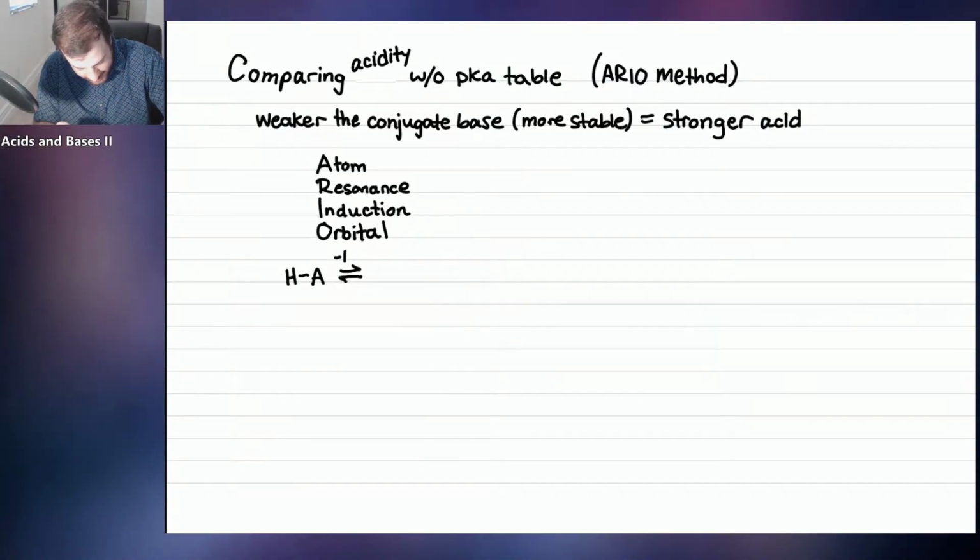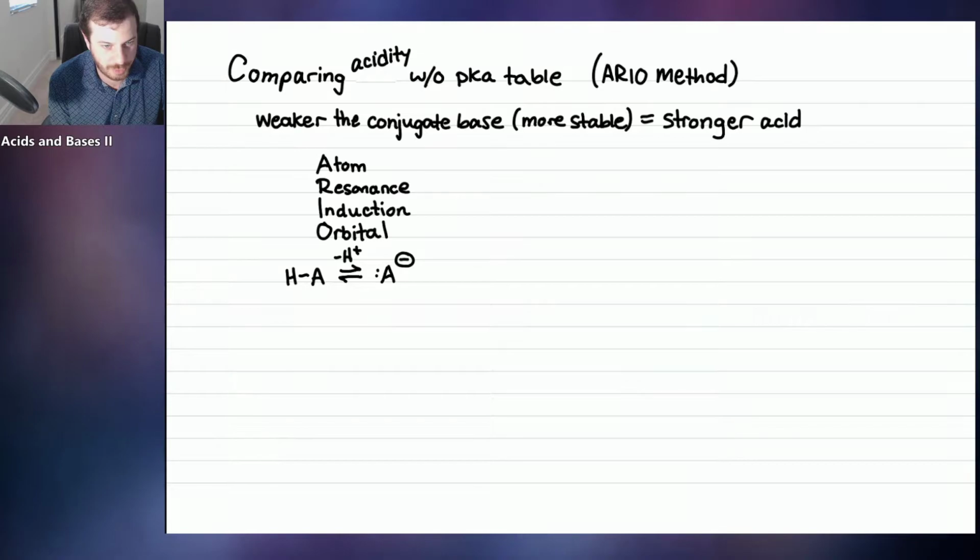So let's say minus H plus. In other words, just like an acid is going to give up its proton, H is going to go on a business trip. And it's going to leave behind the conjugate base, which is one of the partners on their own. And we'll show that as A minus. Now, A minus, if this is a codependent relationship, is now going to be very unstable because she's without her partner.